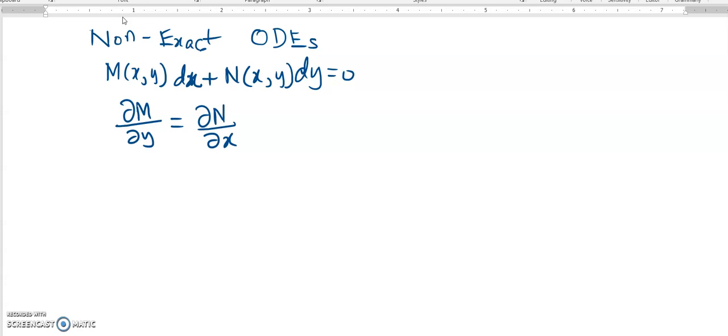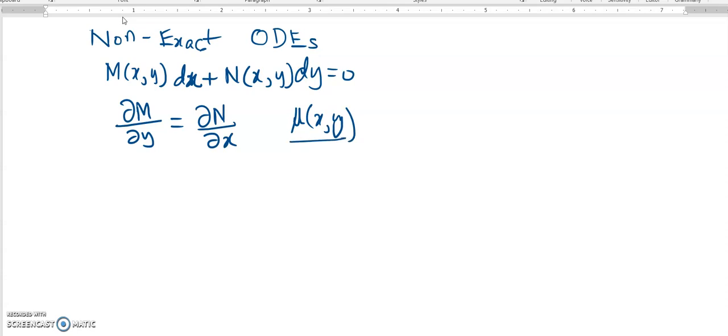In many cases, but not in all cases, we can find a function which we can multiply to this given non-exact ordinary differential equation. Let's suppose that function is called mu, some function in x and y. We need to find that function.